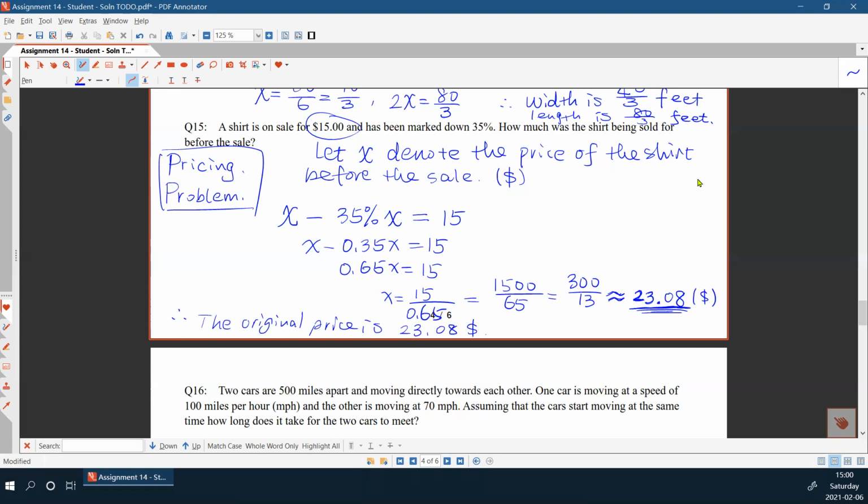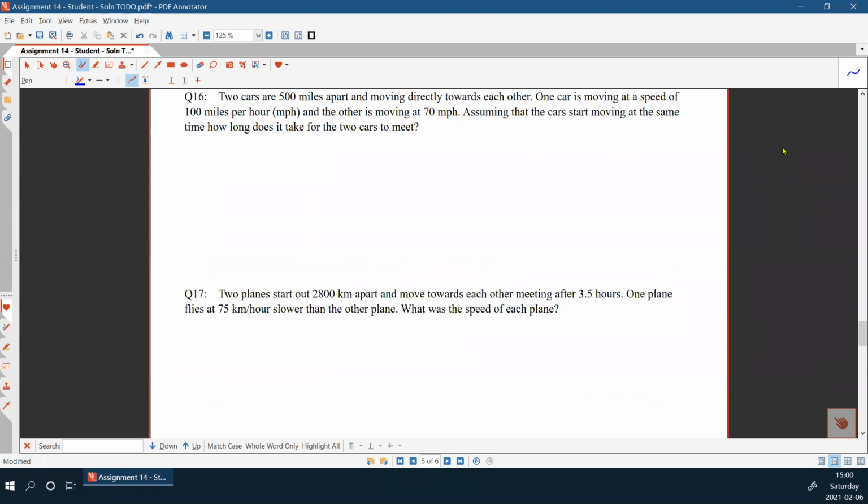We're good, right? Okay, let's see question 16. So question 16 and question 17 are both typical traveling problems. In traveling problems, we shall use a formula like this. The distance equals the speed times the time taken.